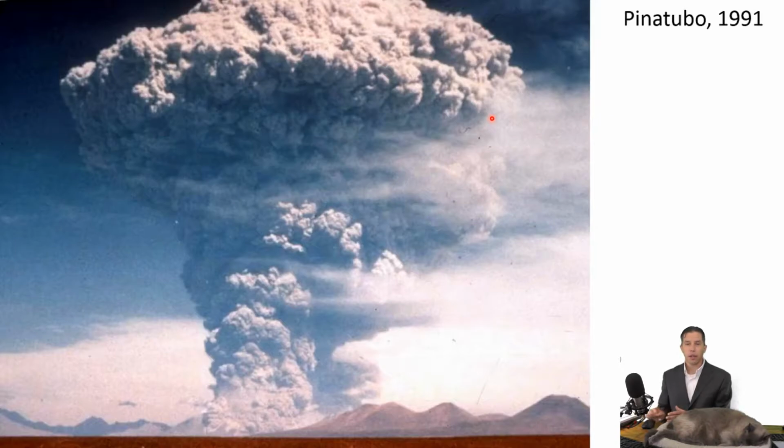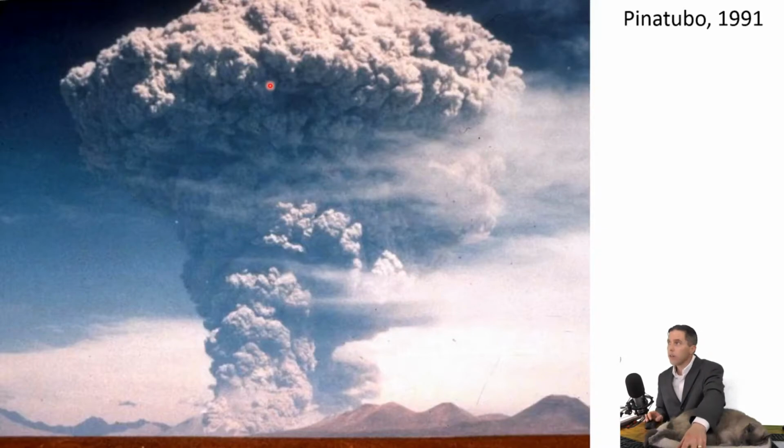And if it's a really big eruption, this material will get ejected up into the stratosphere. And when it gets up into the stratosphere, as we learned in an early lecture, there's no weather to remove ash from the stratosphere. There's no weather up there. There's no clouds. There's no precipitation. And so it goes up and it spreads out. And one of the things that it does is it blocks sunlight and it cools the planet.